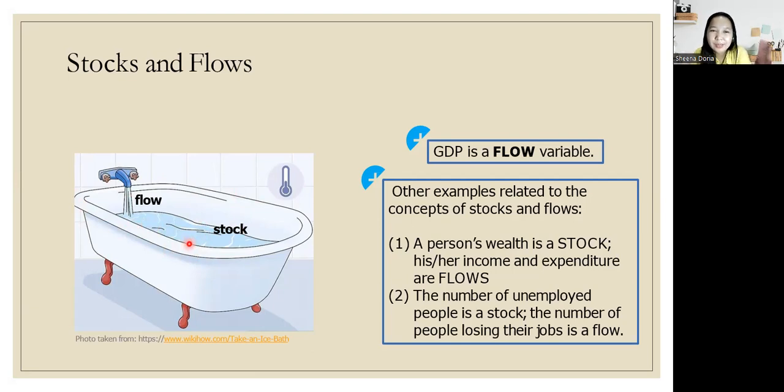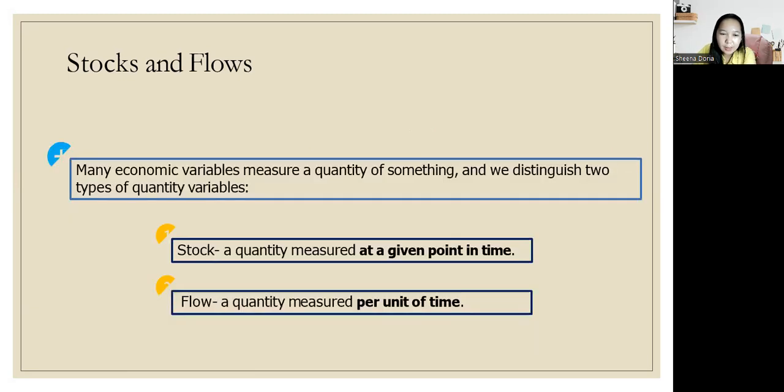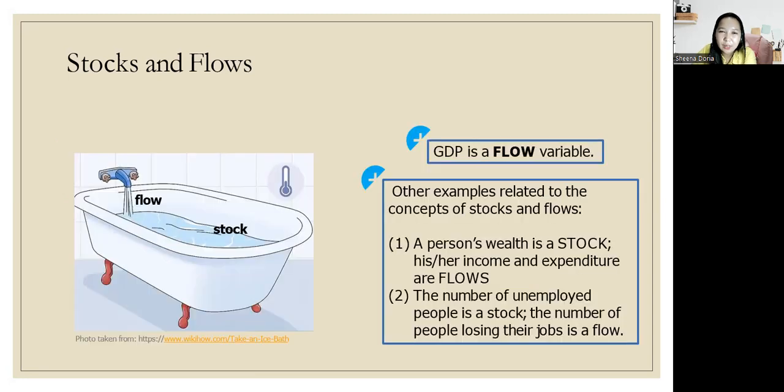So, sabi nga dito, GDP is a flow variable. So, ibig sabihin nun, GDP is a quantity measured per unit of time. Okay, so na-measure natin siya every quarter or year on year, ganyan. So other examples related to concepts of stocks and flows. A person's wealth is a stock and his or her income and expenditure are flows.